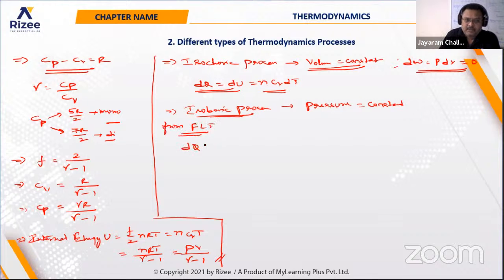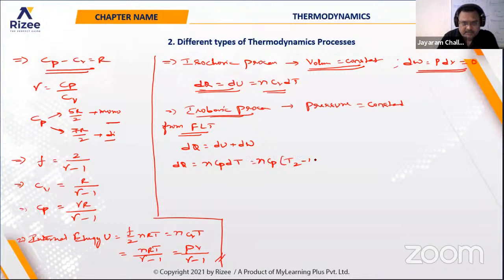That means dQ can be written as dU plus dW, that is the work done in this case. So dQ is equal to, at constant pressure, Cp dT, and this can be written as nCp of T2 minus T1. Temperature is changing here. This is your heat supplied.